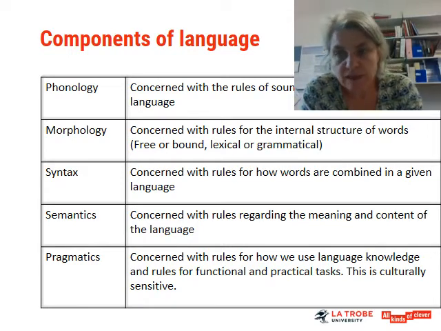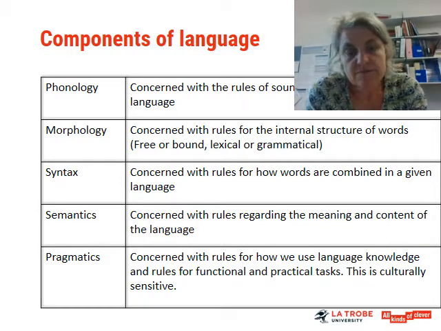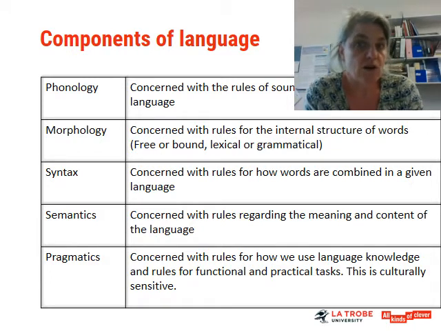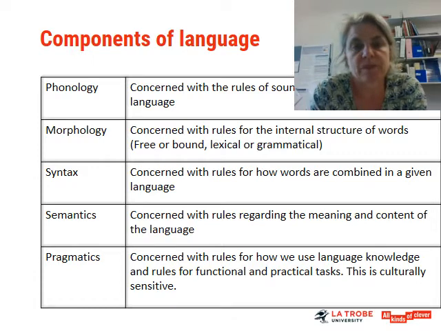So for example, in English, the sounds b, a, t can go together to make a word. That's a legal sound combination in English. Whereas the sounds g and t aren't a legal combination in English.